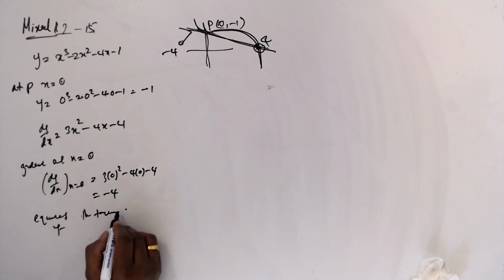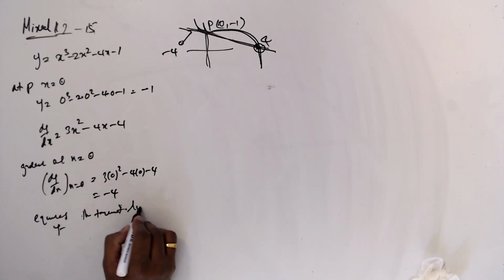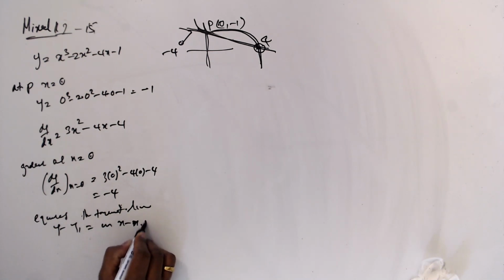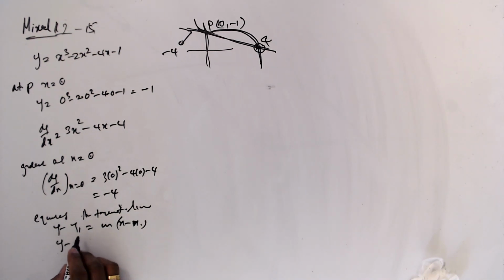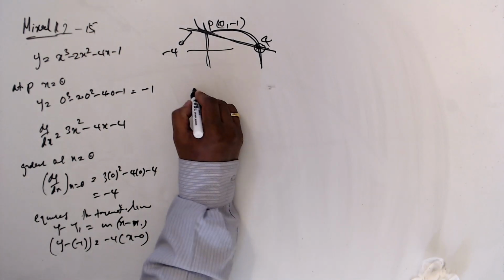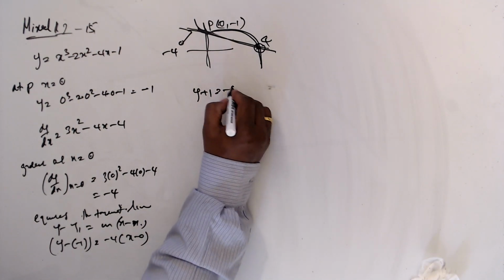y minus y1 equals m times x minus x1. So y minus (minus 1) equals m, which is minus 4, times x minus 0. y plus 1 equals minus 4x.